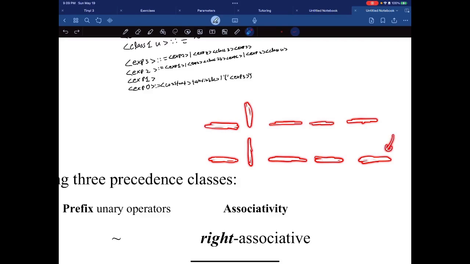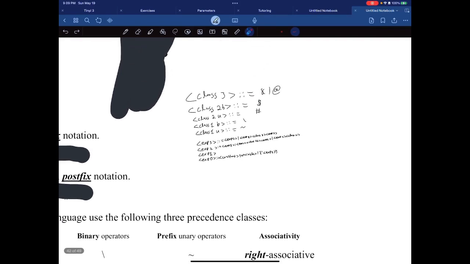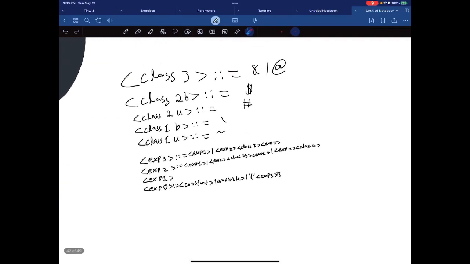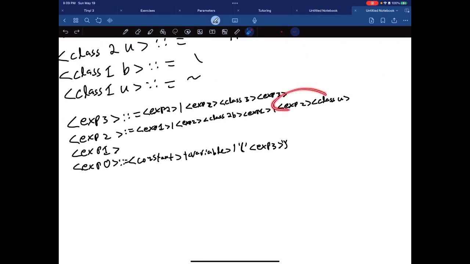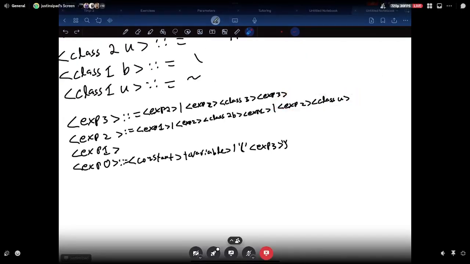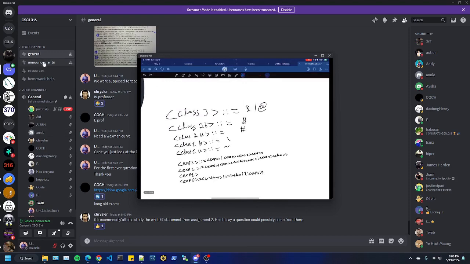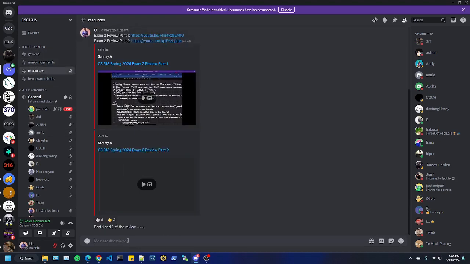So this would be right, and this would be left. And that's the general pattern for this. But again, I think this might be wrong just because he hasn't given that before, and I've never seen him give that before, so I don't think we'll have to deal with that.